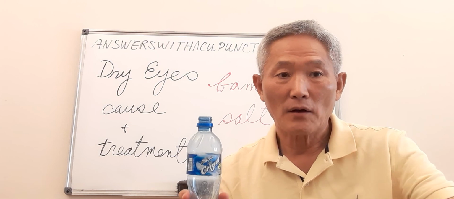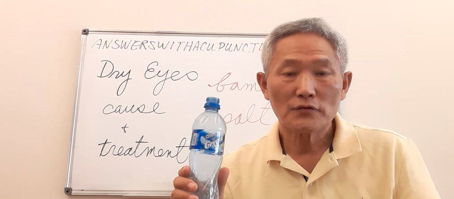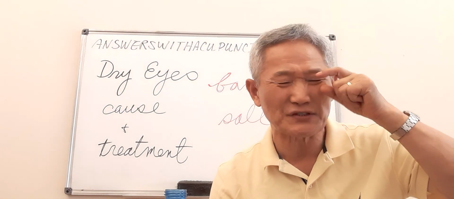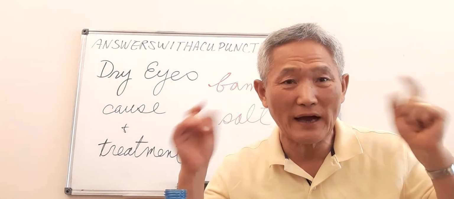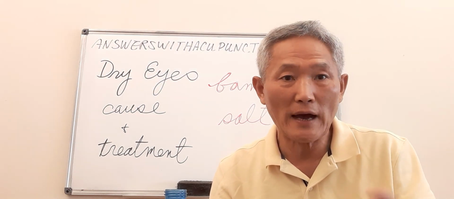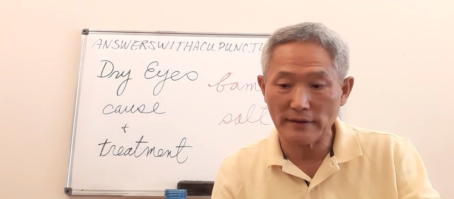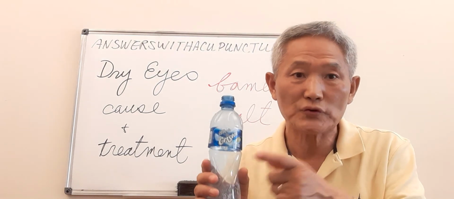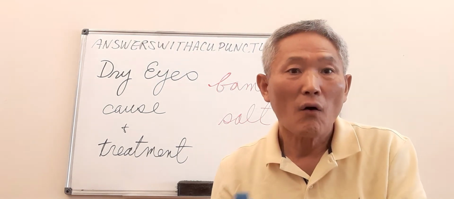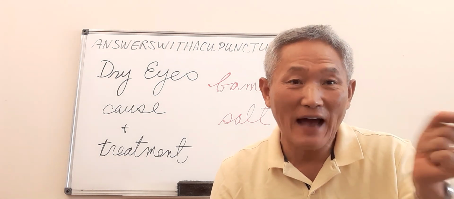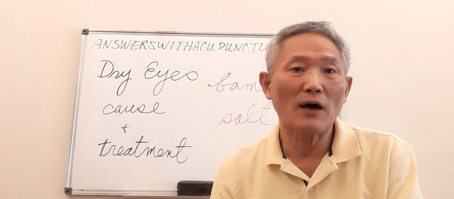And when someone uses lots of gel and all kinds of medicine in their eyes, and I recommend they use just bamboo salt water, they say, oh my God, 90% of the medicine I don't have to use. Now why?